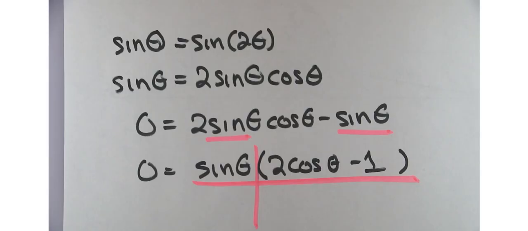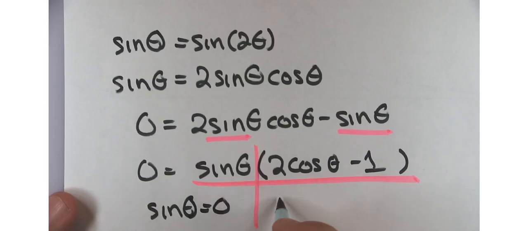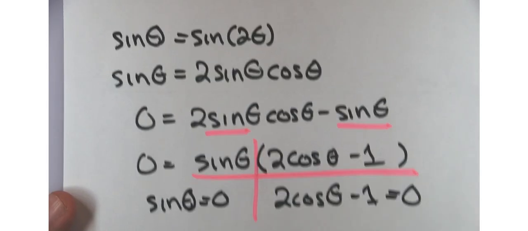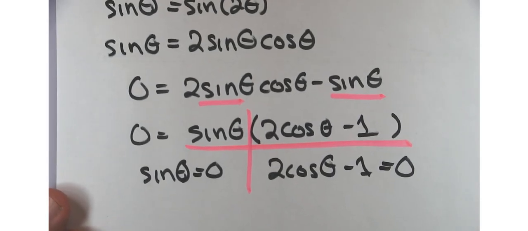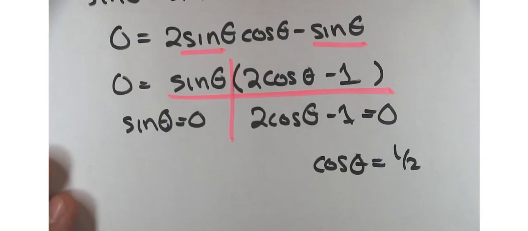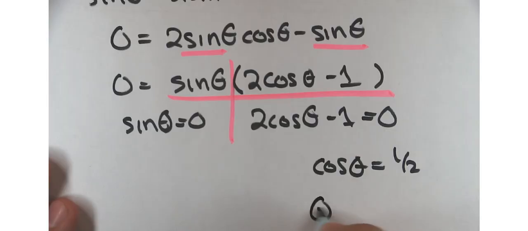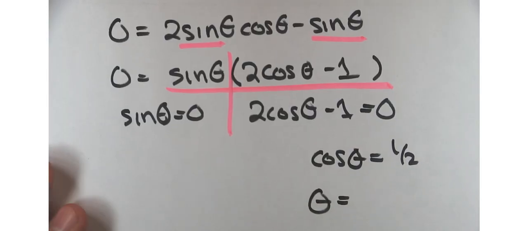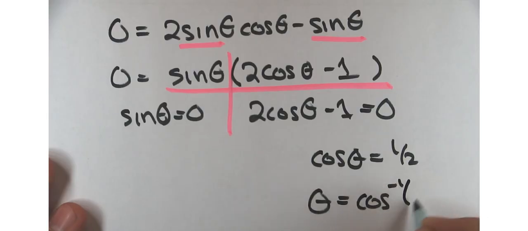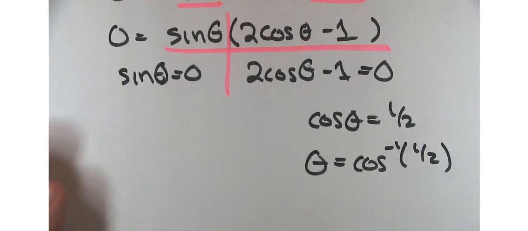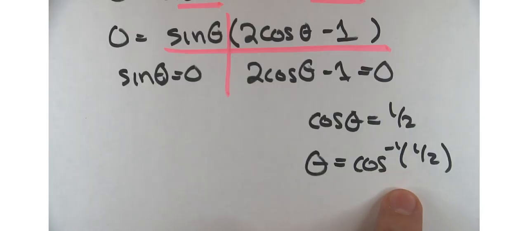One possibility is when sine of theta equals 0. The other possibility is when 2 cosine of theta minus 1 equals 0, which is cosine of theta equal to 1/2. Then you have to do the inverse cosine. Inverse cosine of 1/2 gives you two possibilities. There are two places where this will cross, where the x coordinate would be at 1/2.